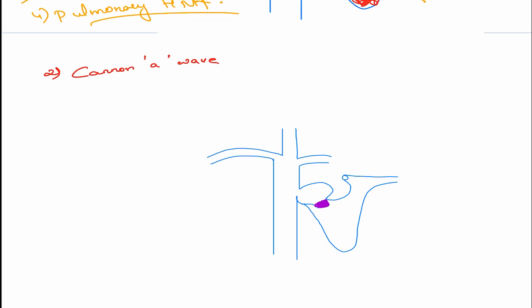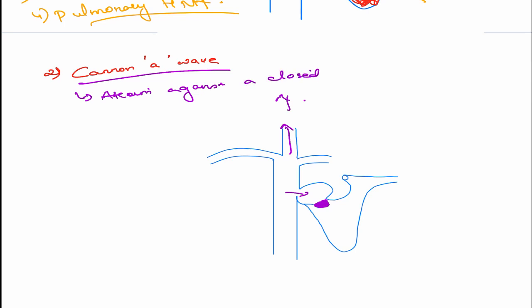But when it has to contract against a closed valve, the pressure buildup will be so high that the waveform will go much higher. So this is basically when the atrium has to contract against a closed valve. Okay, so this is the problem that occurs.